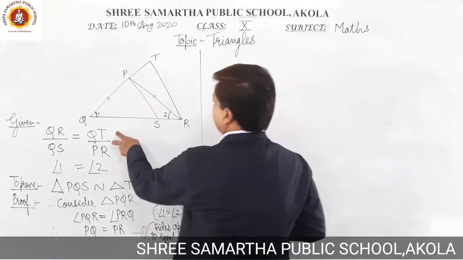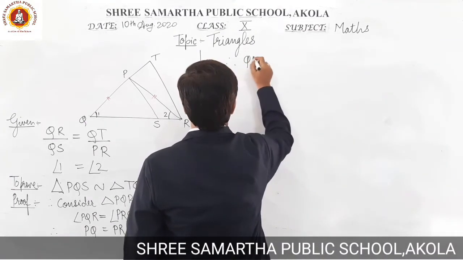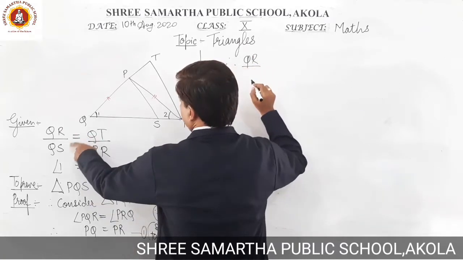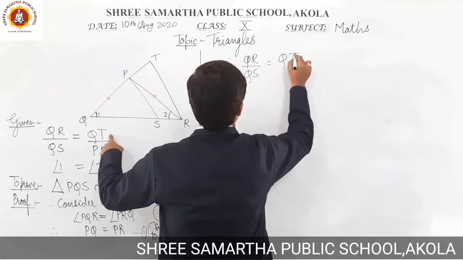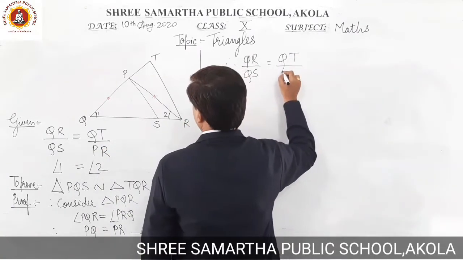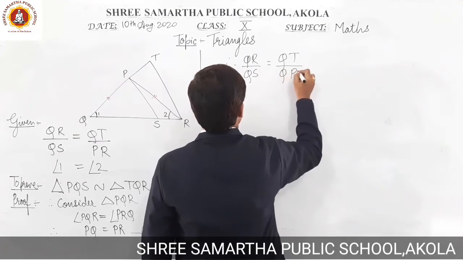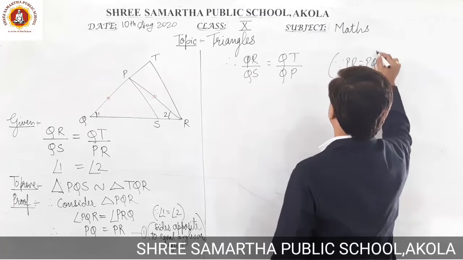Now consider this ratio. Therefore we will get QR by QS is equal to QT, and instead of PR we will replace PQ or QP, since PR is equal to PQ.